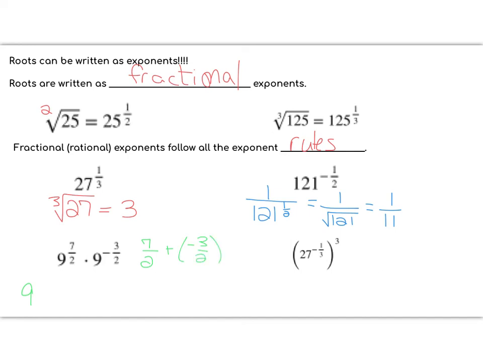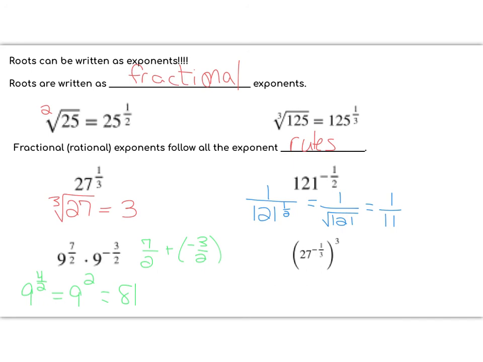So 7/2 plus a negative 3/2 is 4/2. Notice that that simplifies. 4 over 2 is 2. So this is really the same thing as 9 squared, which is 81. So that's a little more in depth than we're going to get, but I wanted to show you how that product rule worked when multiplying with the same base.